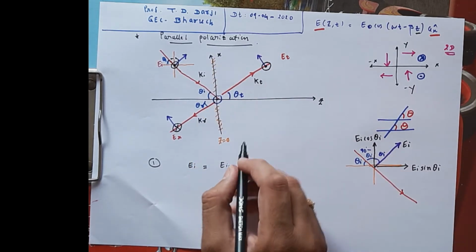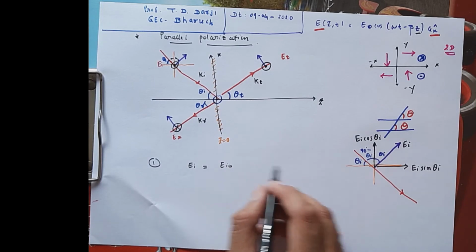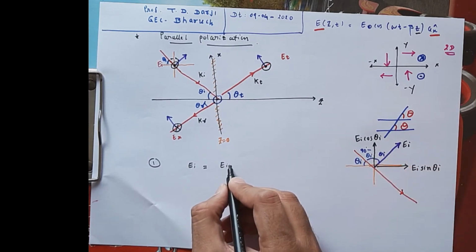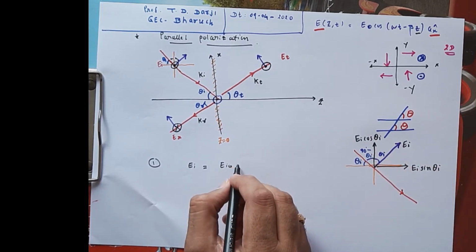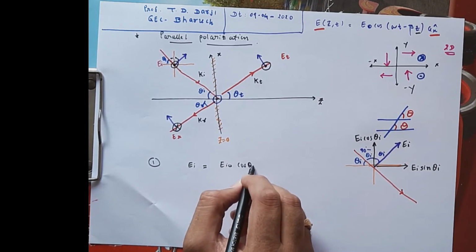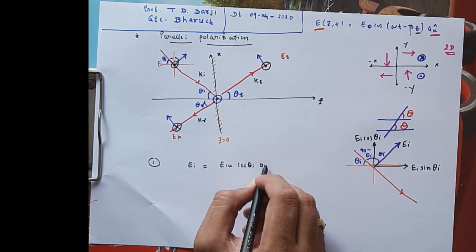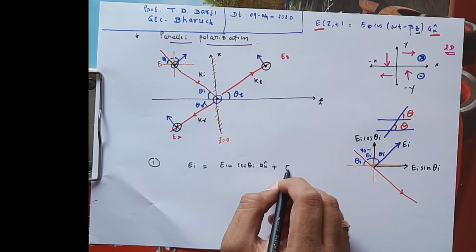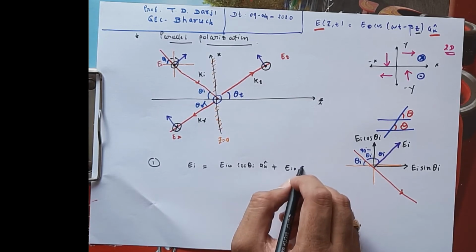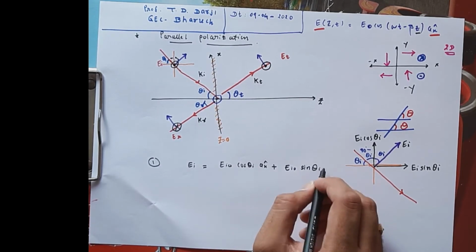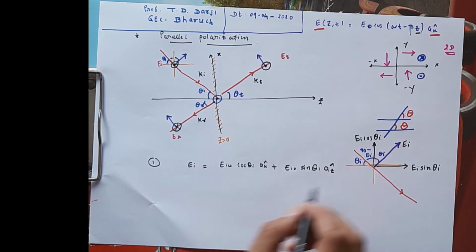So I have to write it in this way: Ei is EIO cos theta I in the x direction, plus the second component EIO sin theta I in the z direction.